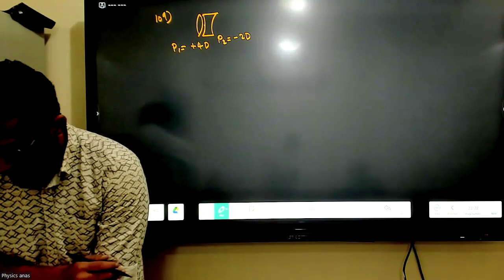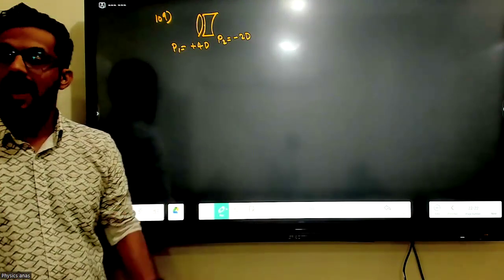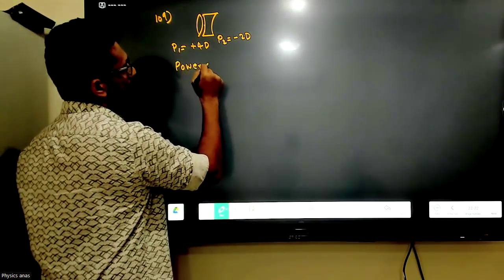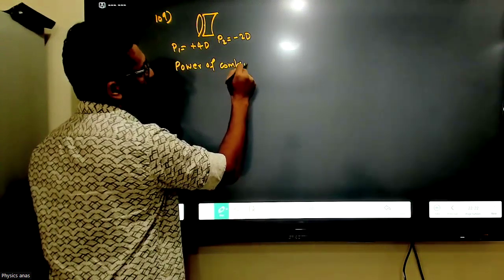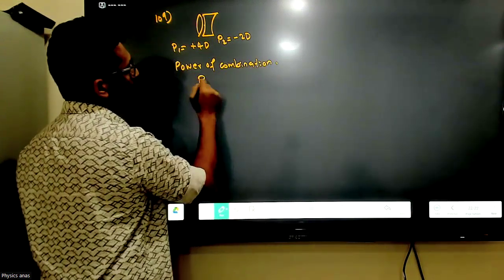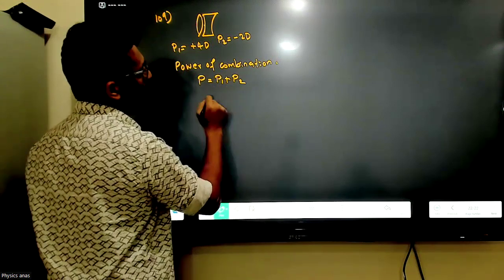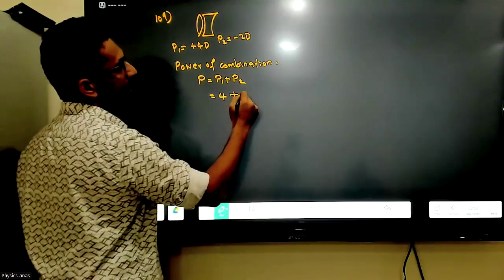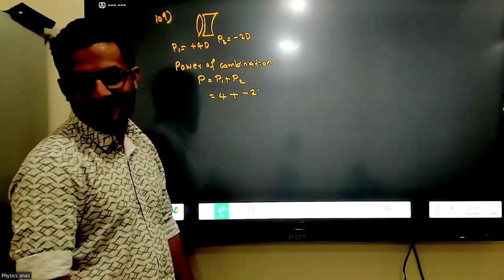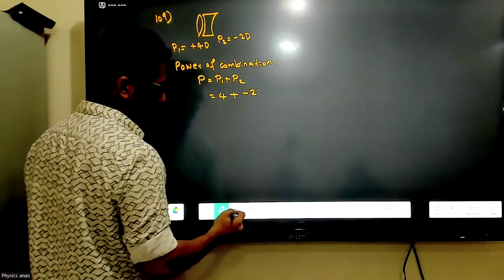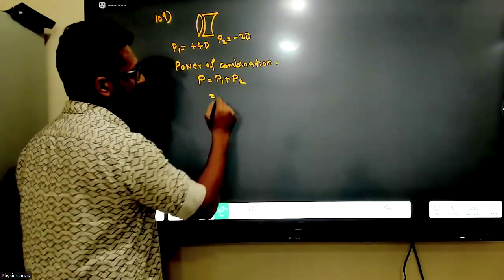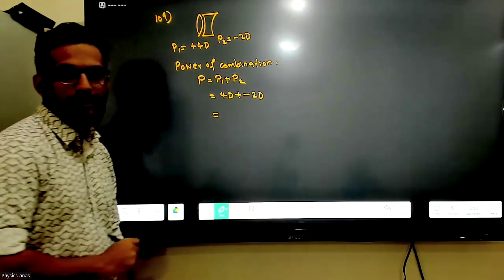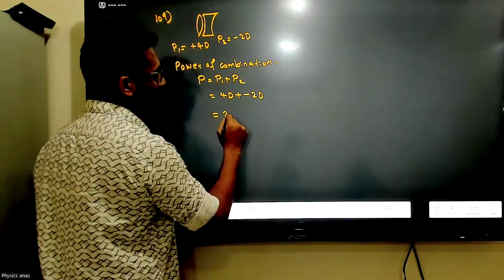Now, what is the nature of the combination? You have to find the power of the combination. P is equal to P1 plus P2. P1 is 4D plus P2 is minus 2D. So that will be 4D plus minus 2D, which is plus 2D.